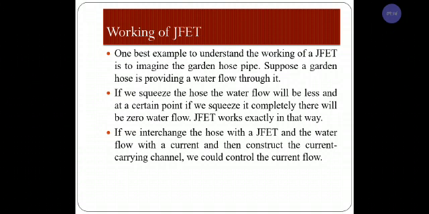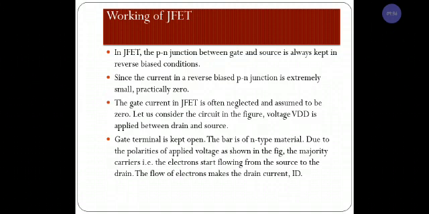And at a certain point, if we squeeze it completely, there will be zero water flow. JFET works exactly in that way. If we replace the hose with the JFET and the water flow with the current, and then construct the current carrying channel, we could control the current flow.